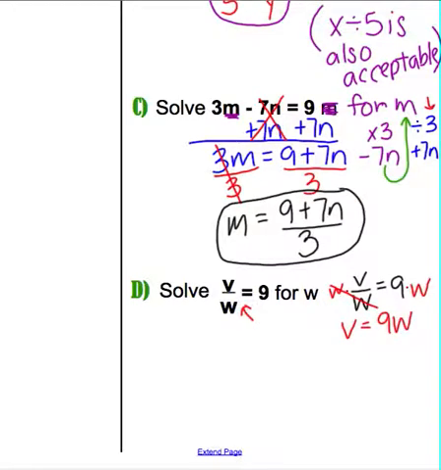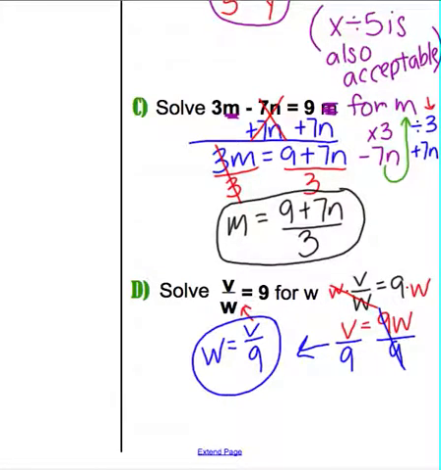So we're going to divide by 9 on both sides, canceling those 9's, and gets that w by itself. So we have w equal to v over 9. And so therefore, that is all we need to do.